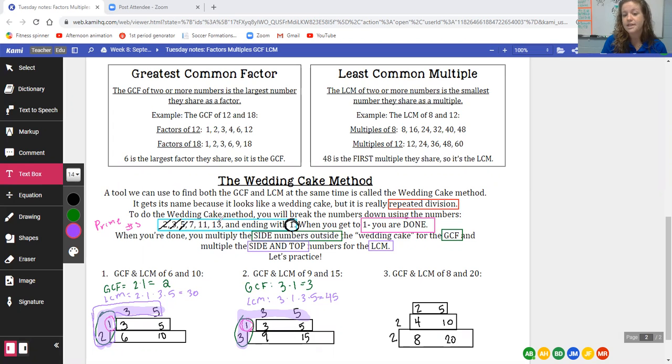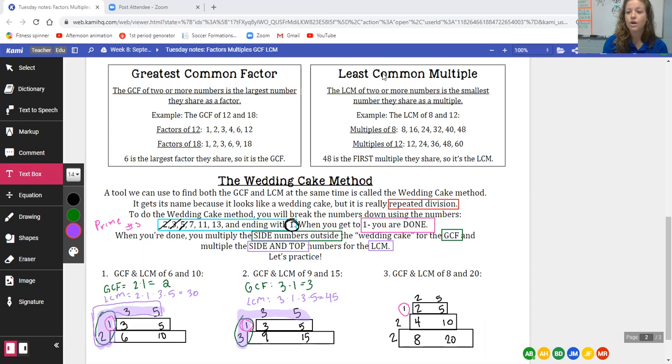So now the rest of those numbers are larger than the numbers we have. So we know we end with what? 1. 1 goes into 2 how many times? 2. 1 goes into 5 how many times? 5. And remember, when we get to 1, we are done.